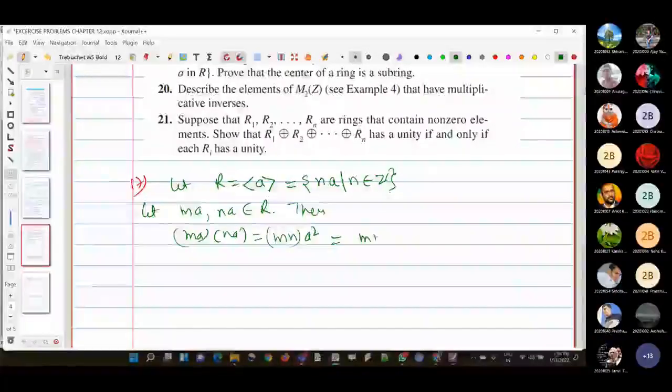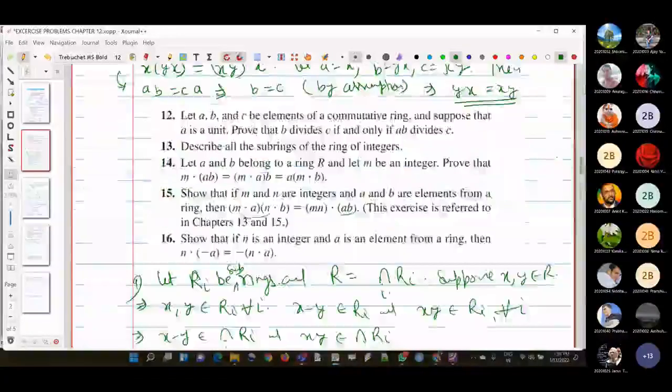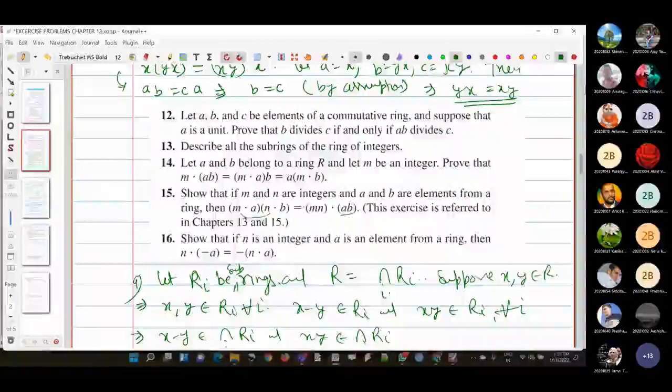So we can write mn aa, and therefore na we can write as nm and aa. Let us see. mnaab.